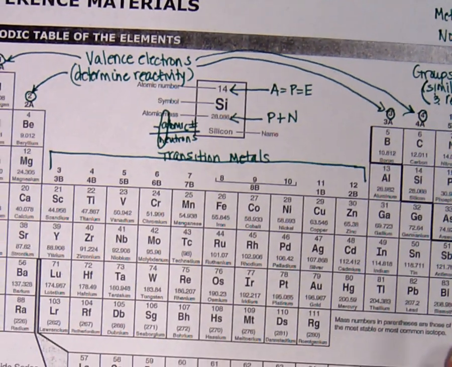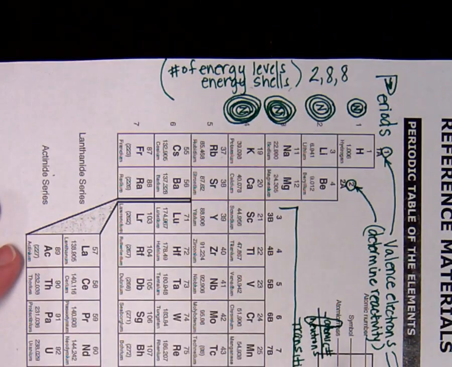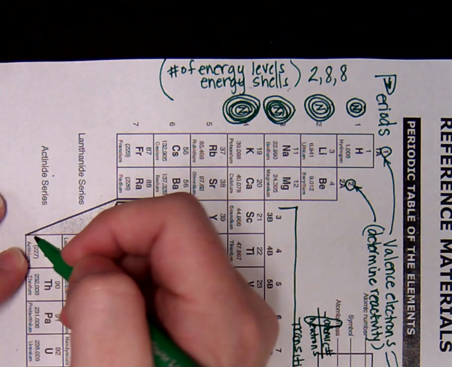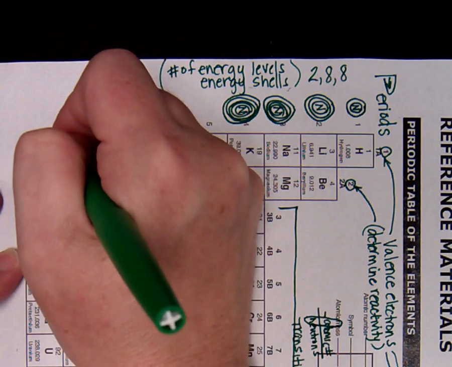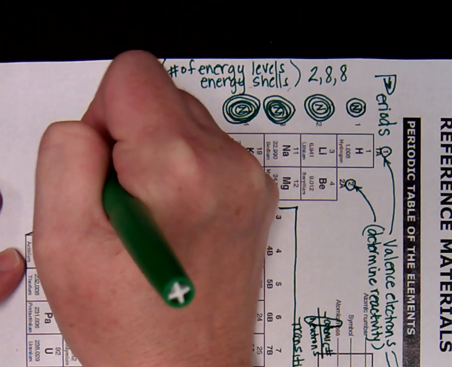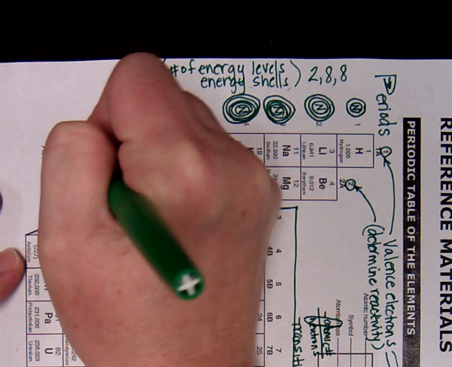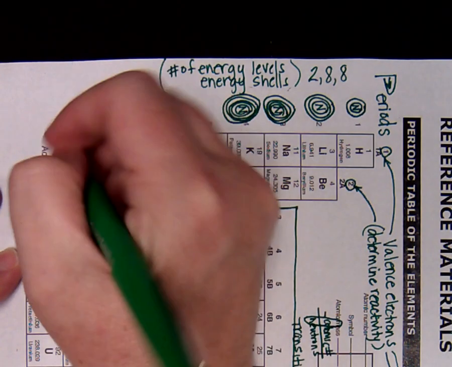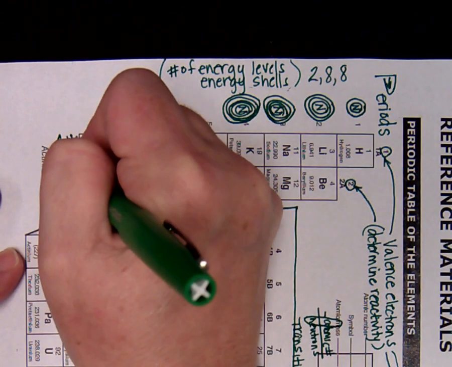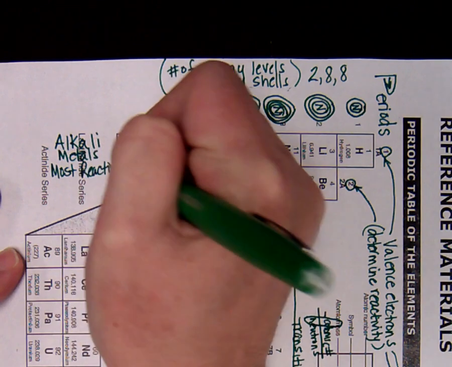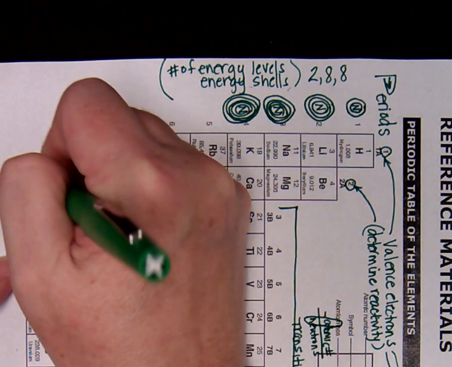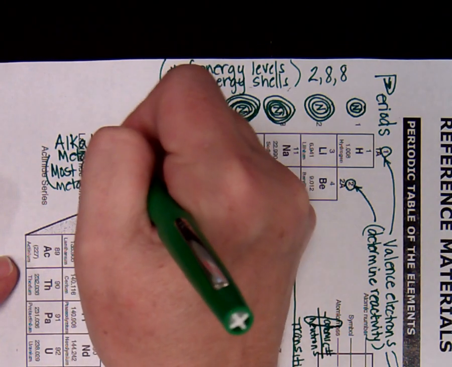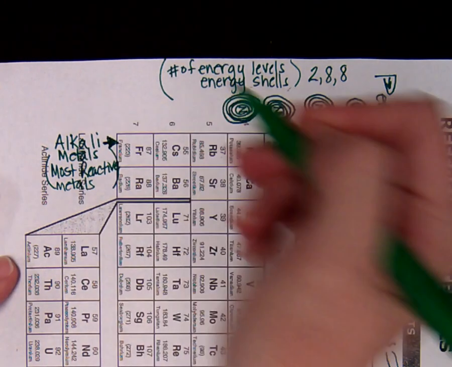Now, we are going to look at group 1. Group 1 are our alkali metals. So write alkali. These are the most reactive metals in group 1.